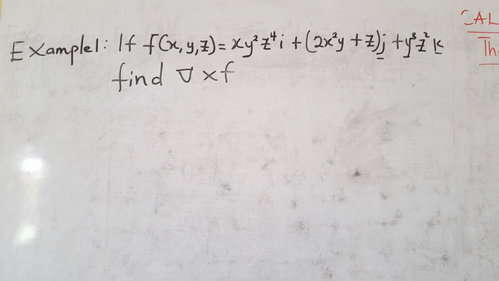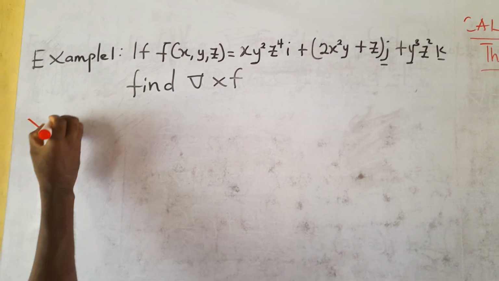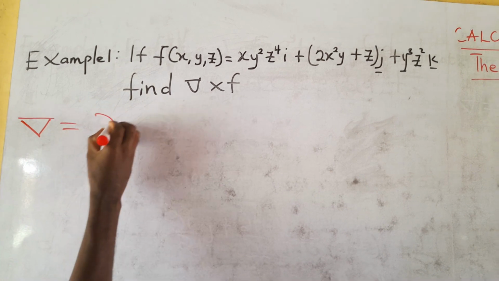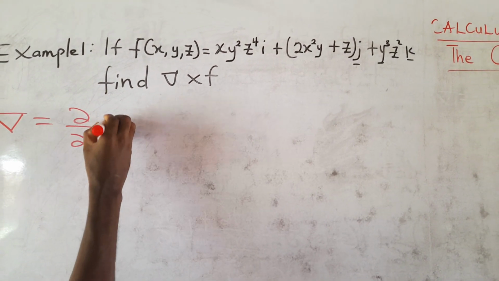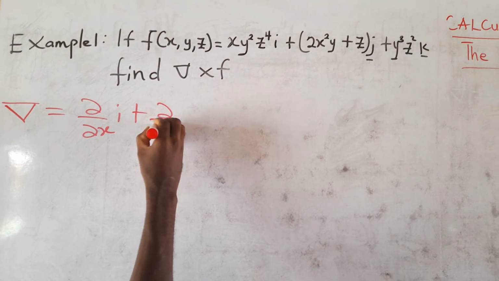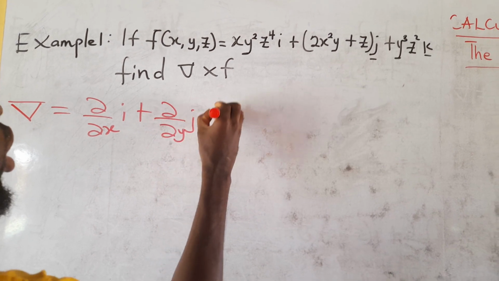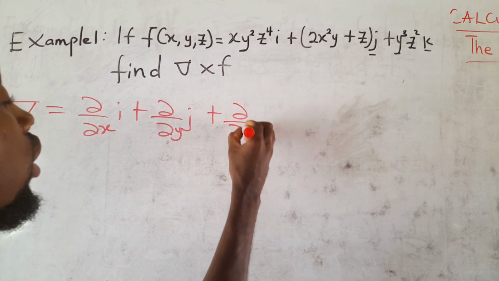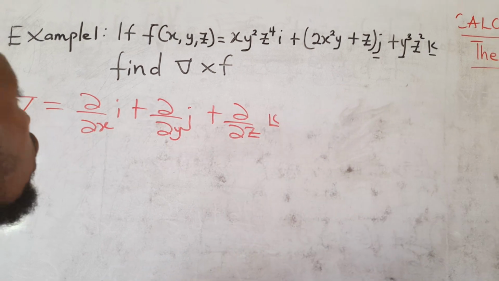So how do we do that? Remember, the differential operator is equal to del over del x i plus del over del y j plus del over del z in the k direction.